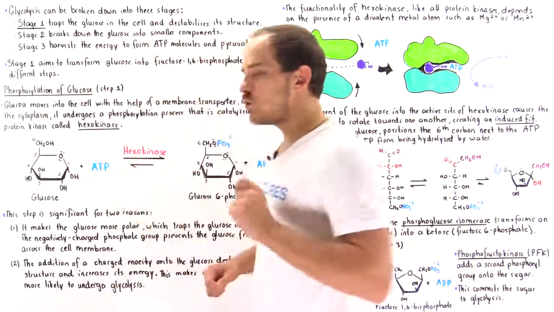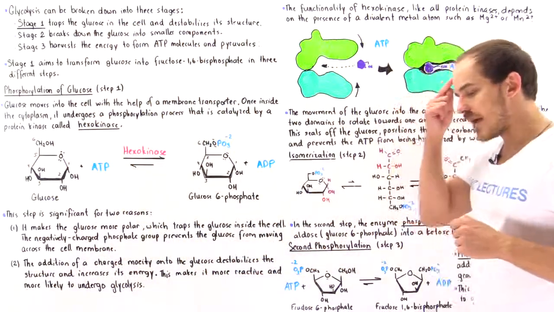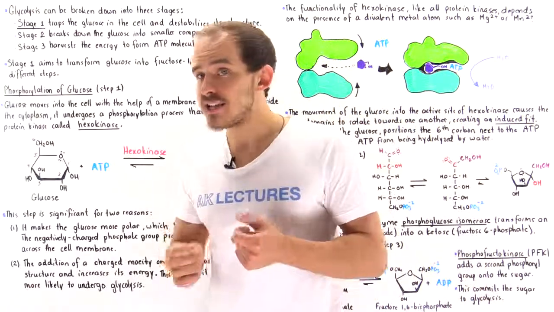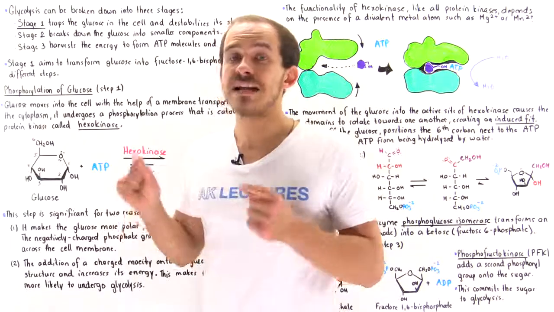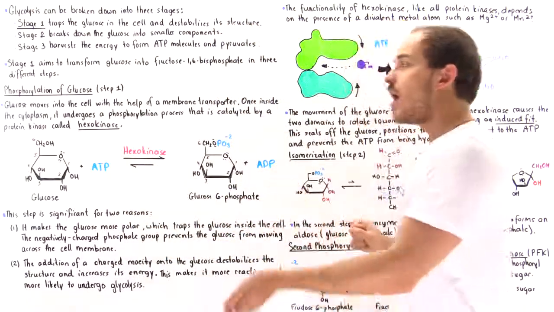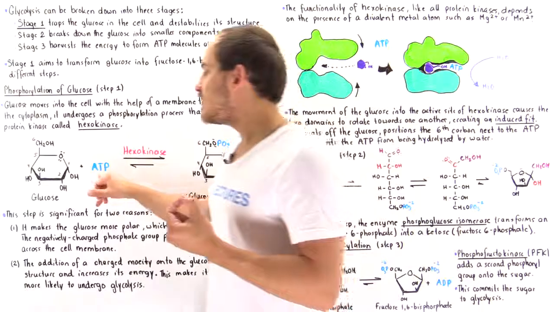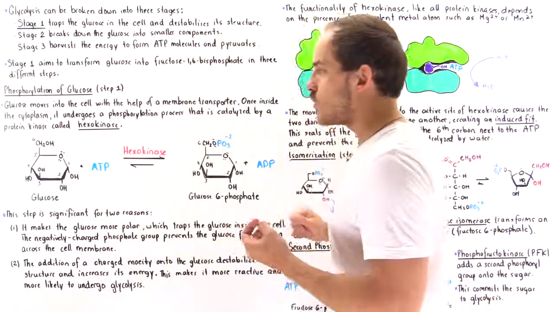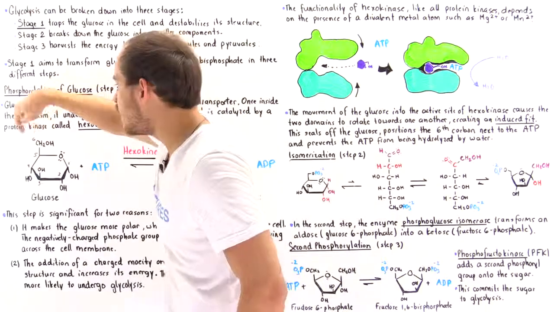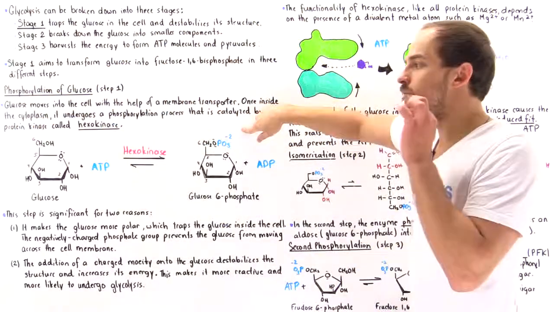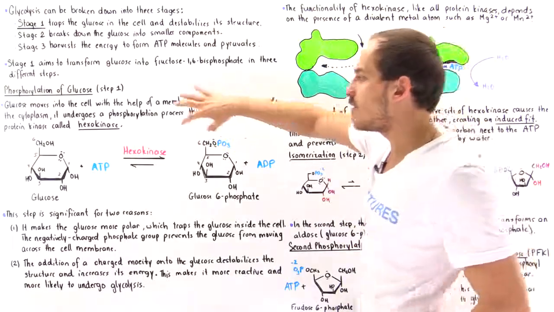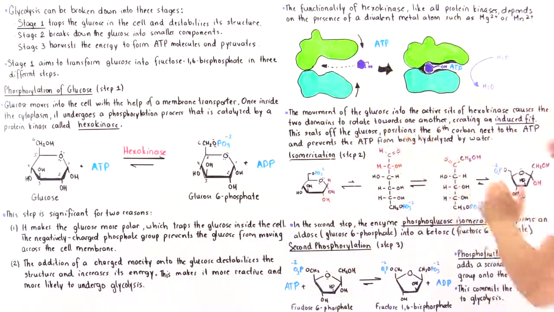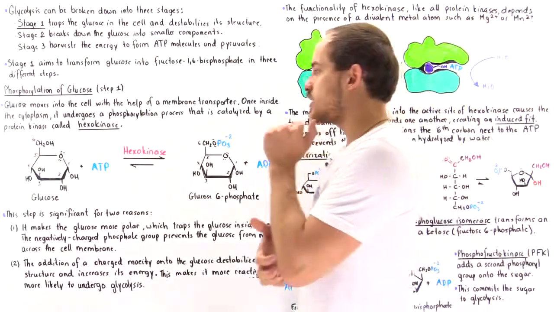Now, once that glucose is inside the cytoplasm of that cell, a special type of enzyme, a protein kinase we call hexokinase, actually catalyzes the addition of a phosphoryl group from an ATP molecule onto the carbon number 6 of this glucose. So this carbon number 6 basically gains a phosphoryl group as a result of the catalyzation of this hexokinase. Now, we'll take a look at the details of hexokinase in just a moment.